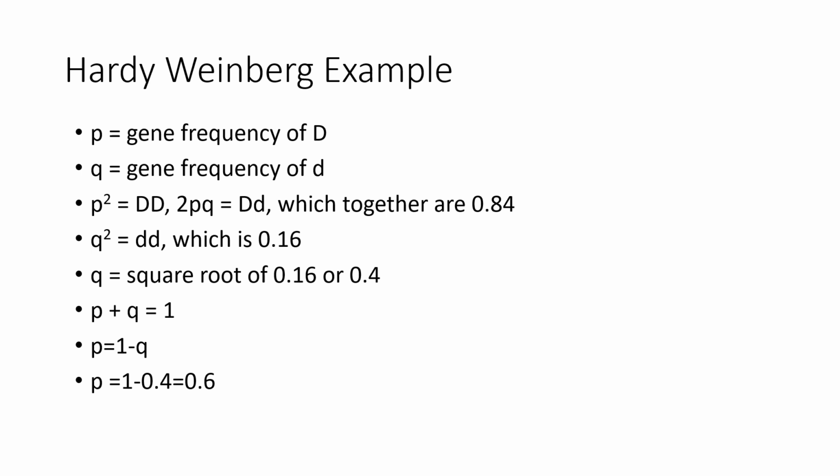So if the frequency is 0.84 for the big D, which would include the people who are homozygous and heterozygous for big D antigen, the q squared would be 0.16 and be the frequency of the people with the Rh negative phenotype.